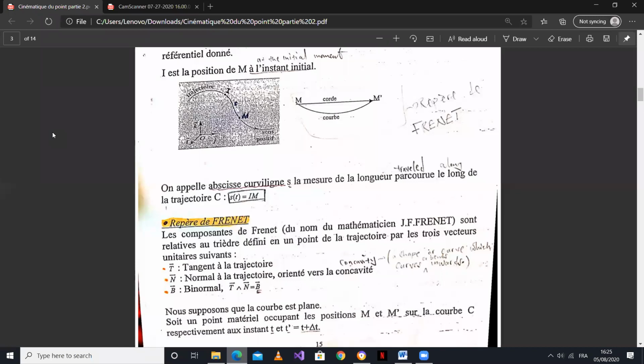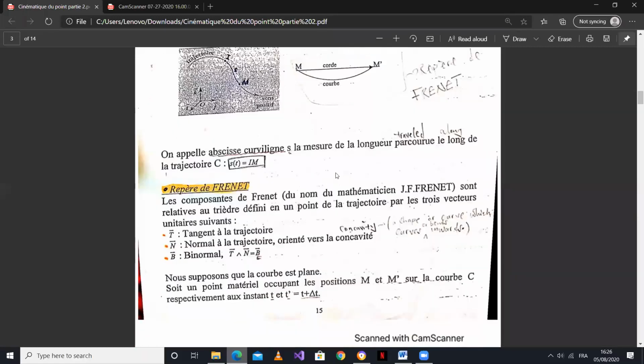When you have an arc like this one, the line you draw between the two extremities of that arc, from one end to the other, the shortest line, we call it a chord.